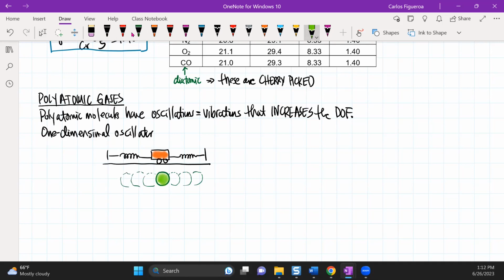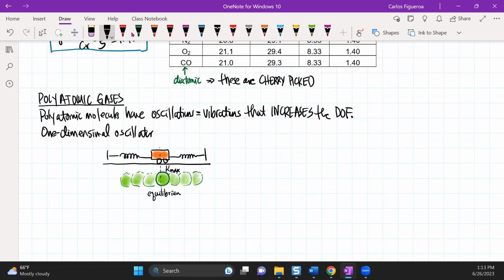If I'm thinking about this, when this gets to the equilibrium point, here's what we know. The equilibrium point gives you maximum kinetic energy.